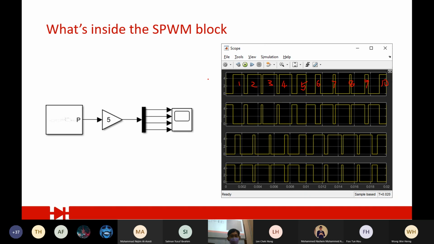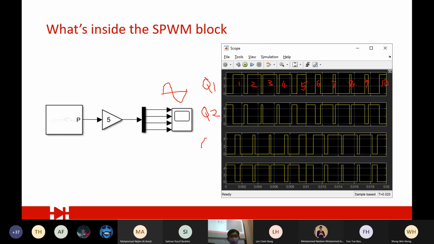So this will be for your first transistor Q1, and this is your second transistor Q2. And then you will see the third one is the opposite of the first one, in the sense that you can see it starts from 10, 9, 8, 7, which means that Q1 and Q2 modulate a sine wave in this way.